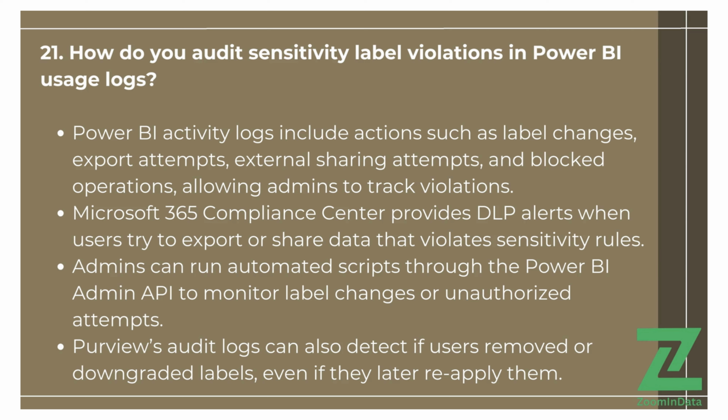Microsoft 365 Compliance Center provides DLP alerts when users try to export or share data that violates sensitivity rules. Admins can run automated scripts through the Power BI Admin API to monitor label changes or unauthorized attempts. Purview's audit logs can also detect if users removed or downgraded labels, even if they later reapply them.